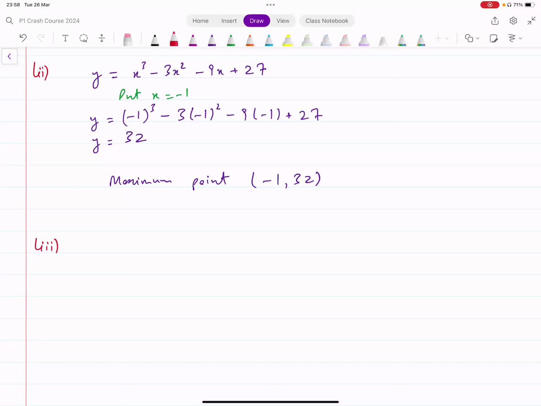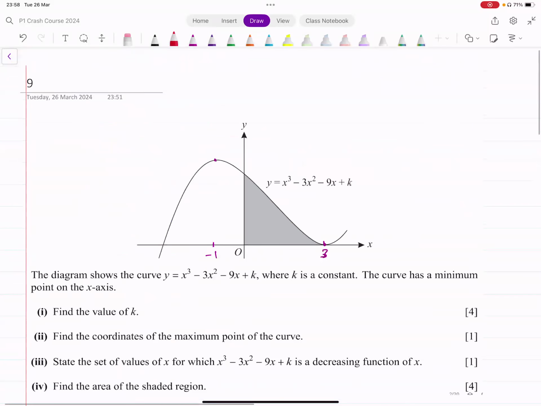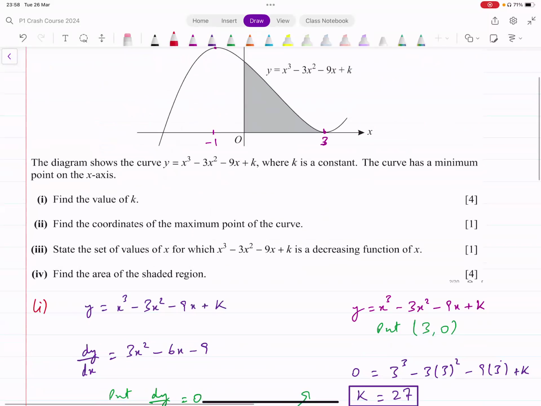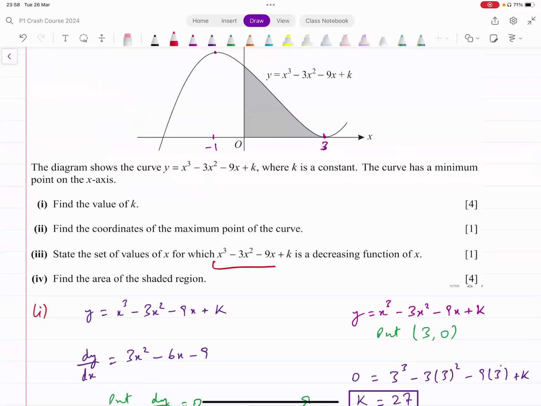Now let's look at part 3. Part 3 says, state the set of values of x for which this is a decreasing function of x. Now, what's a decreasing function? A decreasing function is where the gradient is negative. In differentiation, we used to put derivative less than 0, right?